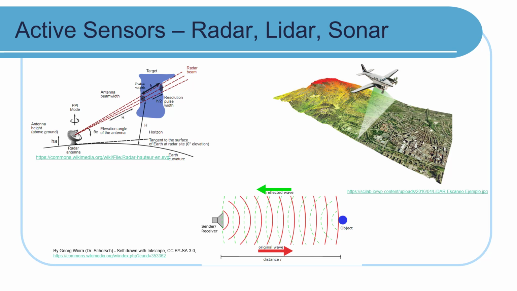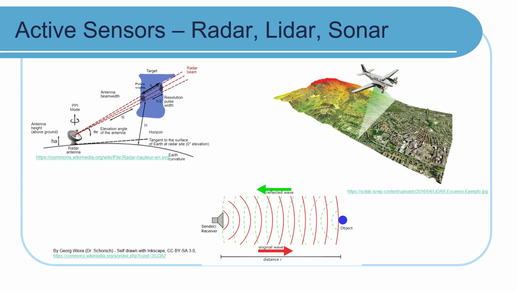On the upper right is an example of LIDAR, and this would be LIDAR flown from a small aircraft. And you can see that the representation of this is showing colors of elevation of the urban area and the wilderness area it's flying over.